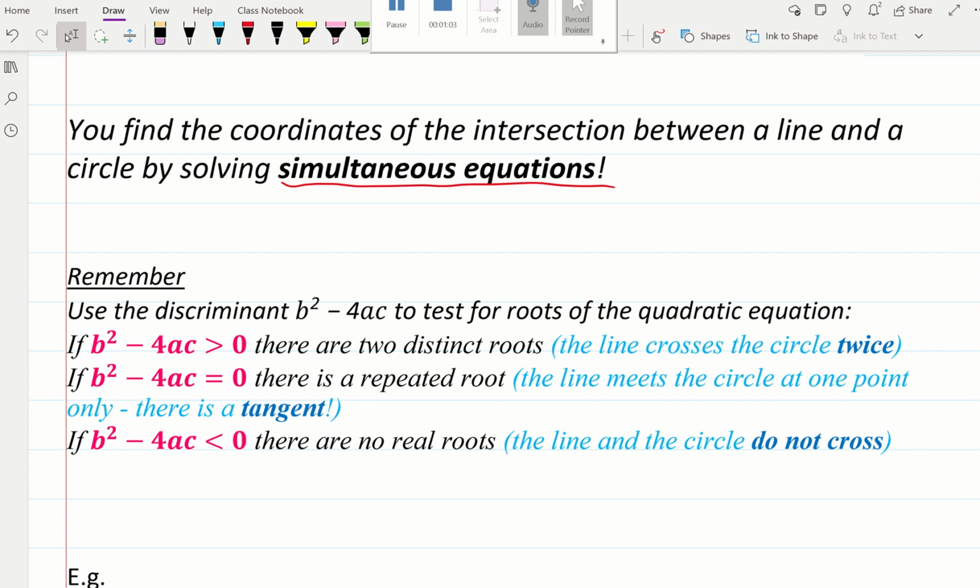When b squared minus 4ac is equal to 0, it's a repeated root. The line meets the circle at one point only, and that means that the line is a tangent to the circle. And if b squared minus 4ac is less than 0, if it's a negative number, the line and the circle do not cross.